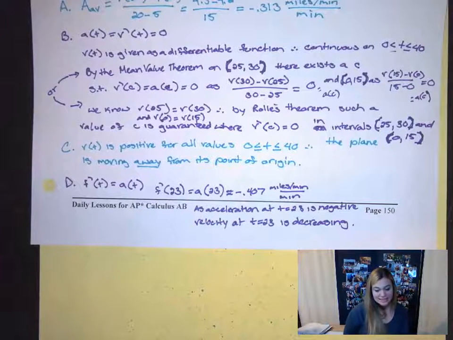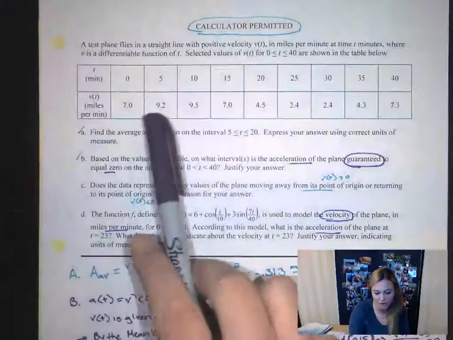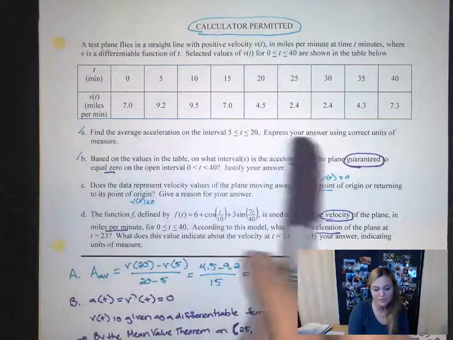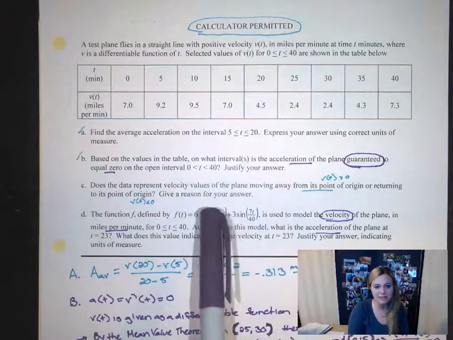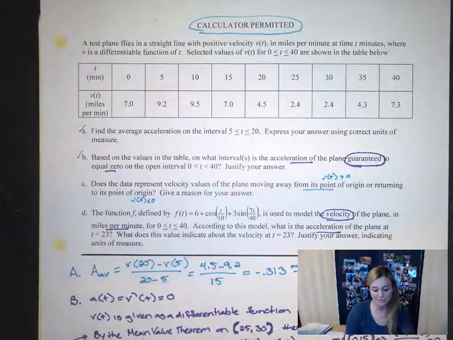Moving on, in part C it says, does the data represent velocity values of a plane moving away from its point of origin or returning to its point of origin? So this one we have to see what's happening. If I look at velocity, I can see all of these are positive, which means the position is moving to the right.